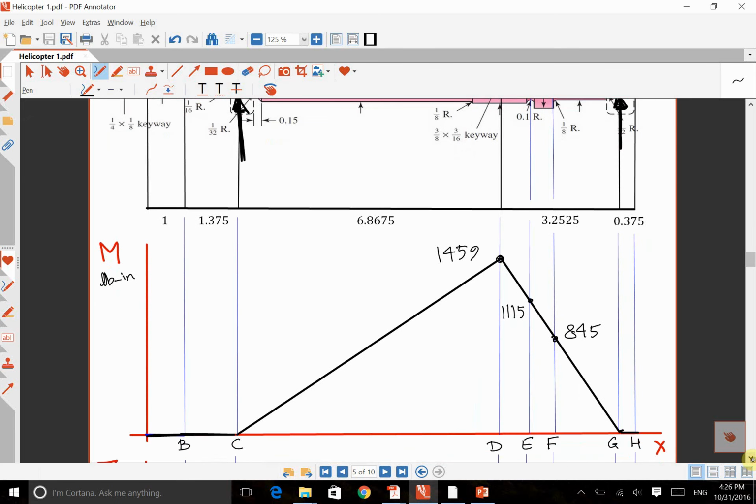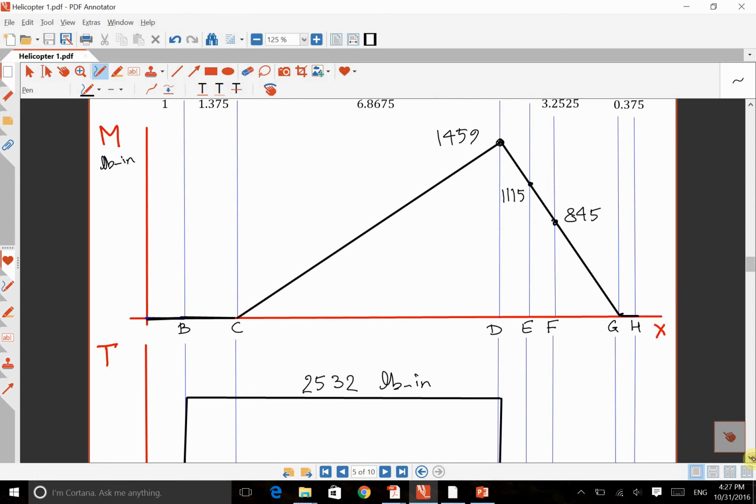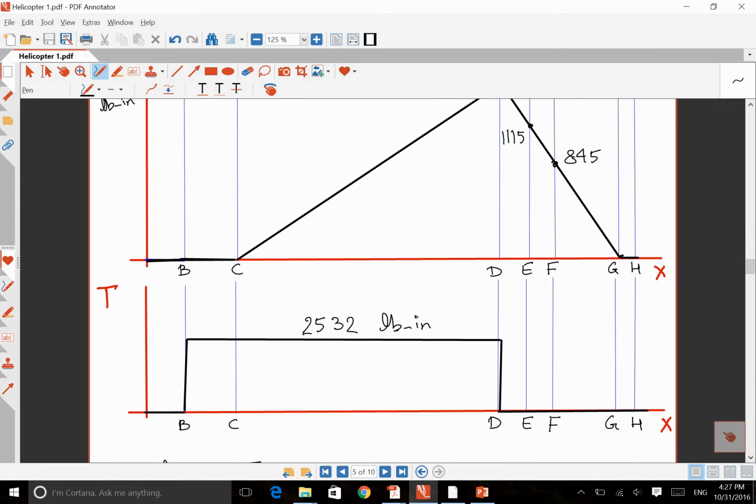So our graph consists of three different parts: the zero parts for the first and last part, and one part with positive slope and one part with negative slope. Also, we had a constant torque acting on the shaft from the first keyway to the second keyway, from point B to point D.